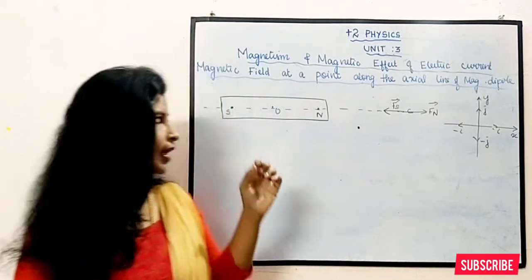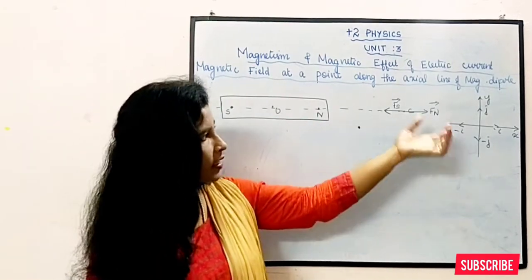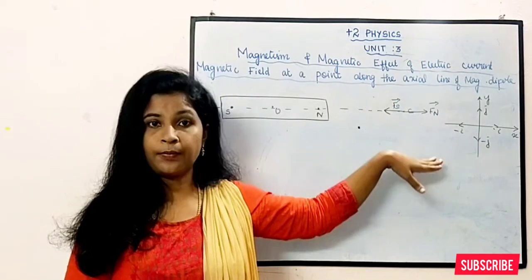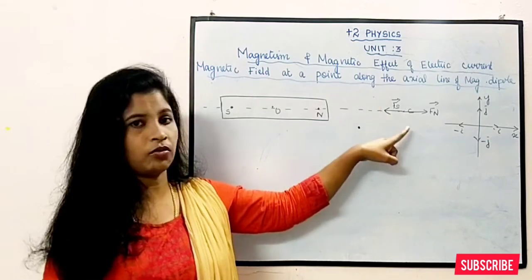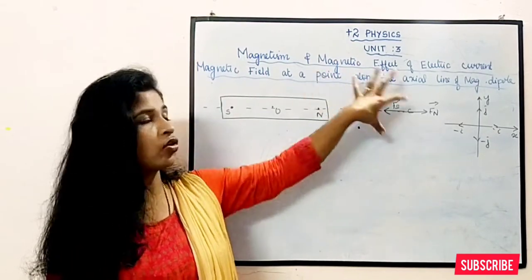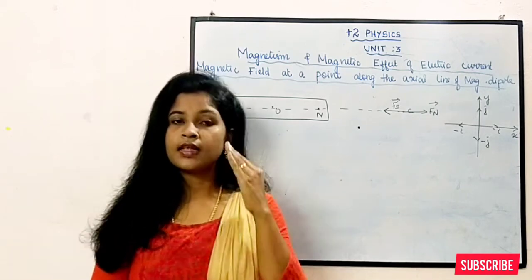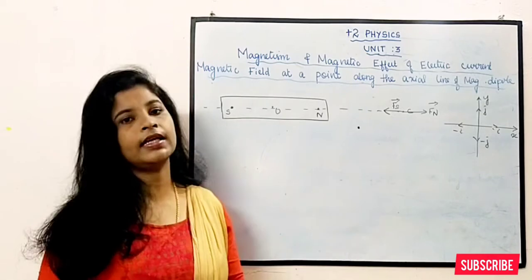We took two equal and opposite charges, kept some other charge on the axial line of that dipole, and then calculated the field at that point. So the same thing we are going to do here for the magnetic dipole.